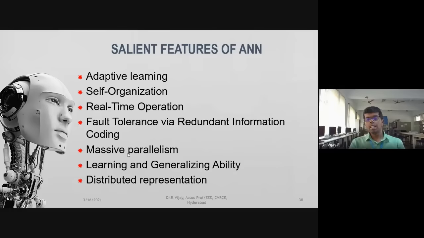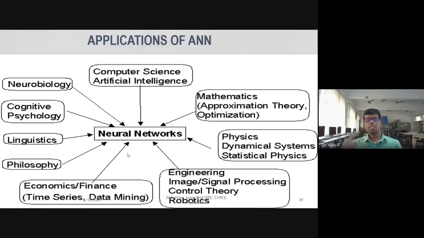I already discussed the salient features: adaptive learning, self-organization, use in real-time operation, and fault tolerance, because it is learning, no? Massive parallelism and distributed representation are also there. These are some of the applications of ANN overall.